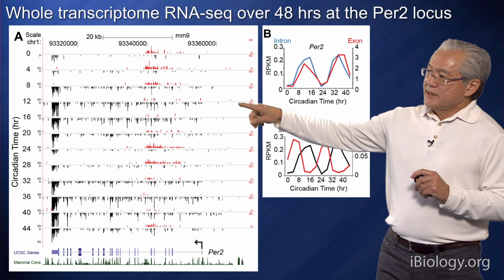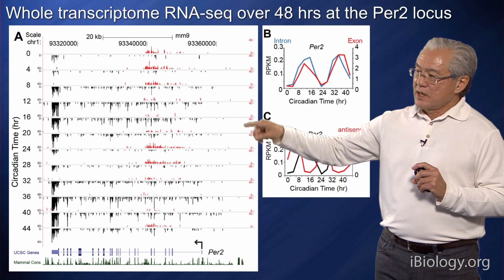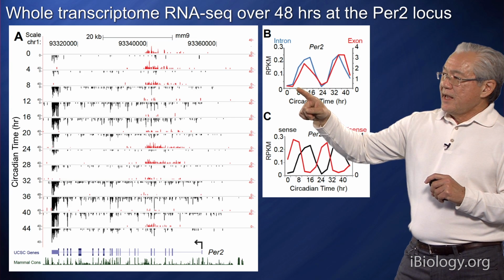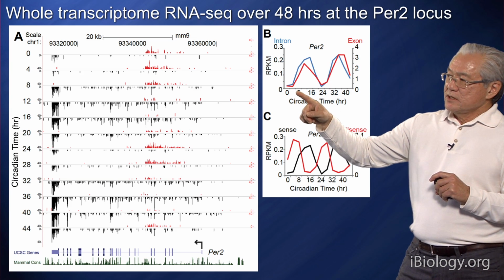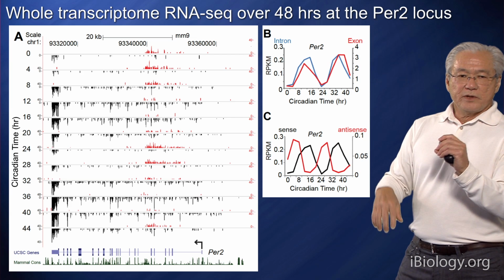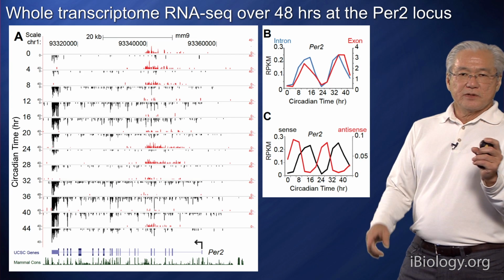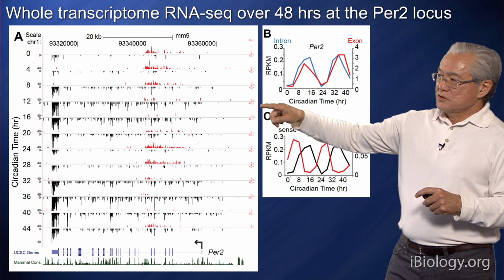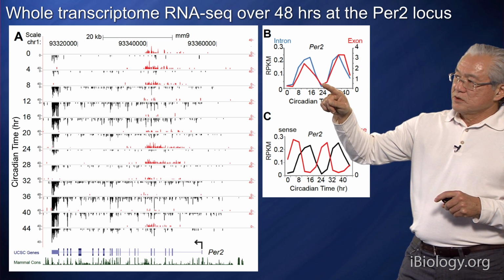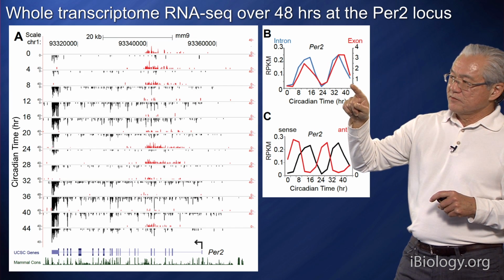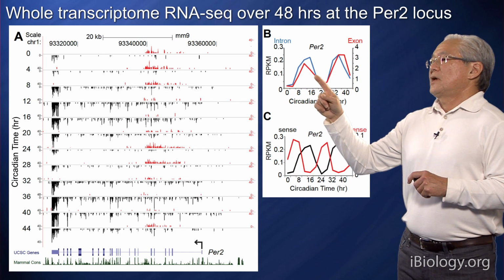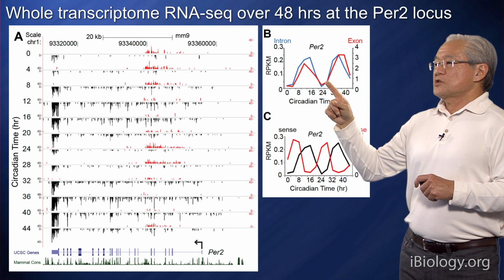The other feature in this kind of sequencing experiment is that we can annotate the sequence reads in different ways. We can look at the reads that are only in introns, or the reads that are only in exons, or in the entire gene body. And so if we look at just the intron reads shown in blue in this upper graph, we see that they're cycling for Per2, as well as the exon reads shown in red.